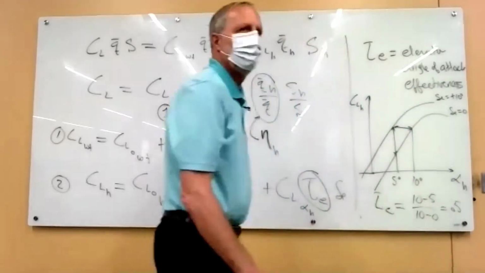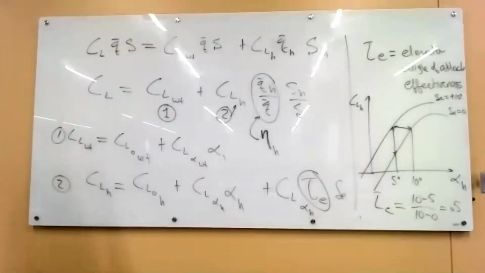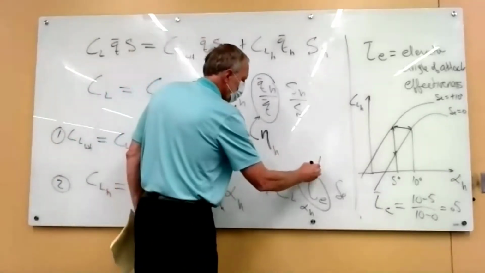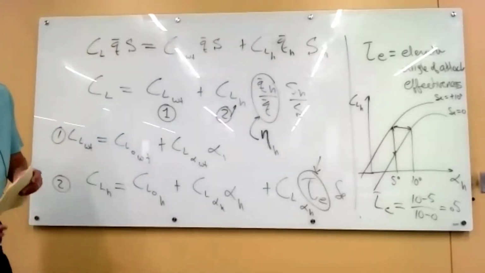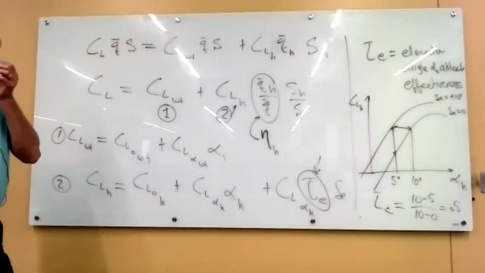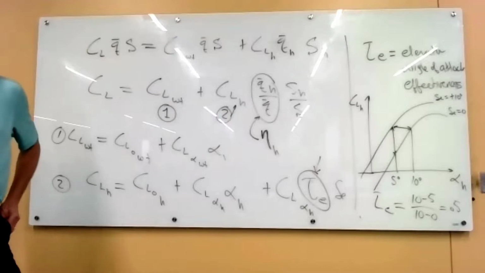So it says that 10 degrees of elevator give you the same extra lift as 5 degrees of angle of attack. We don't have to do it that way, but that's how he does it in the book, so I'm going to be consistent with that. So pretty much we'll know what tau sub e is for our elevator.